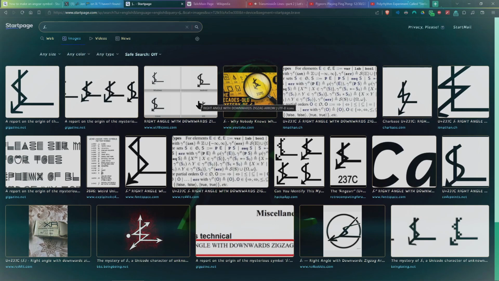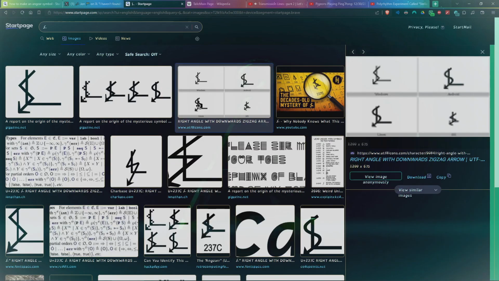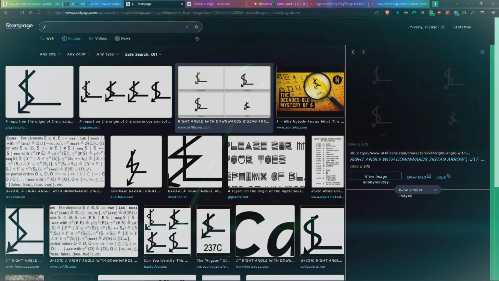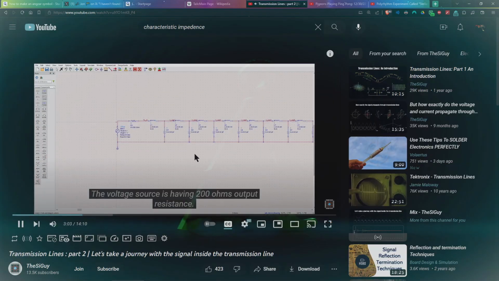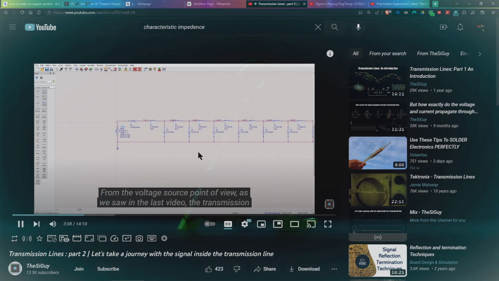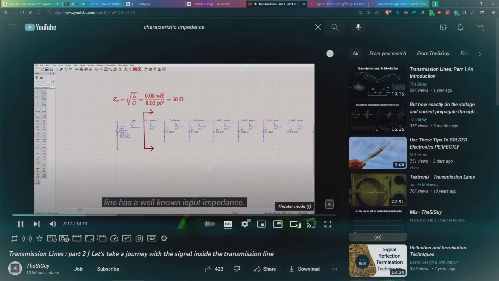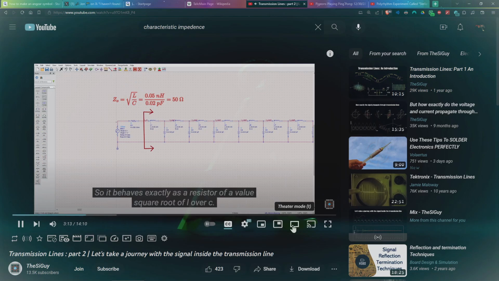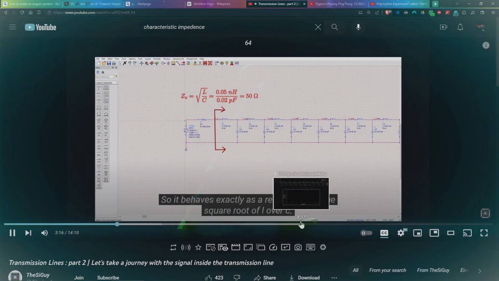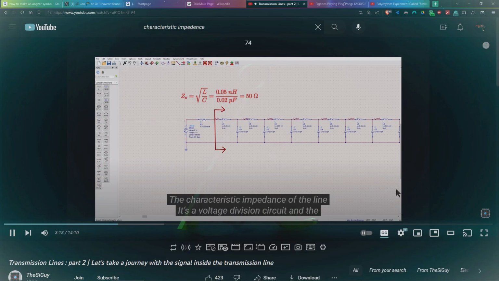But this is more than enough to get an insight into what's happening inside the line. For the sake of that discussion, let's apply a 1 volt step voltage at the input of the line. The voltage source has 200 ohms output resistance. From the voltage source's point of view, as we saw in the last video, the transmission line has a well-known input impedance, so it behaves exactly as a resistor of value square root of L over C, the characteristic impedance of the line.